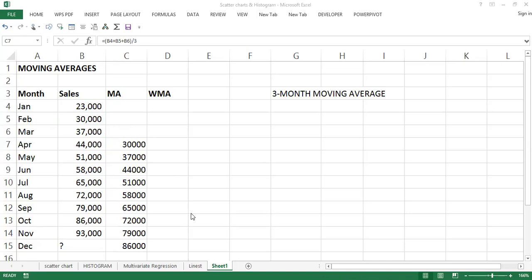Stewart, can you hear me? Yes, sir, it's clear. But can we forecast for February with only January sales? Most times when you do forecasting, you don't want to use just one figure. Now, if you want to forecast for the first month, you can, except you are picking data from some other source, maybe another similar business.